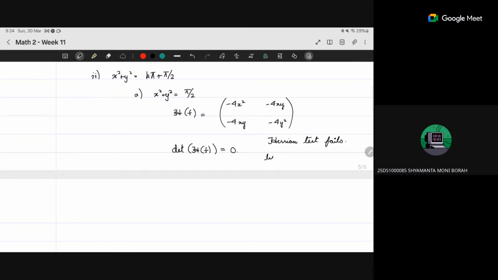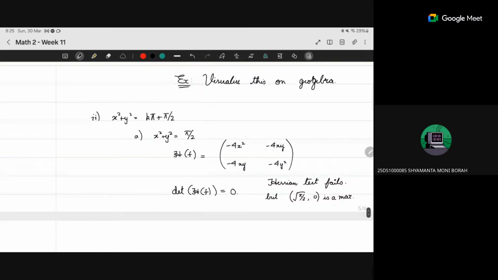So can you repeat this point again, please? Just this one. The point root pi by 2 comma 0 is a maximum.